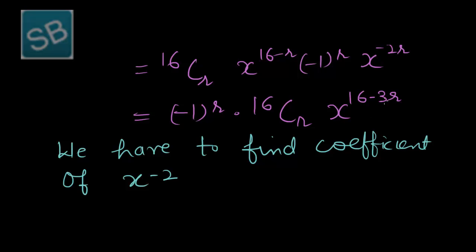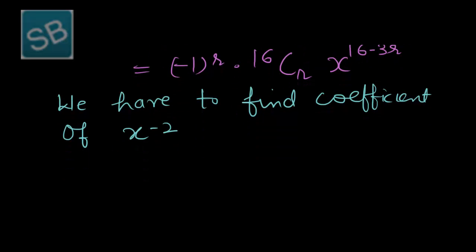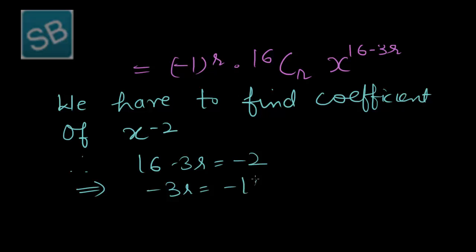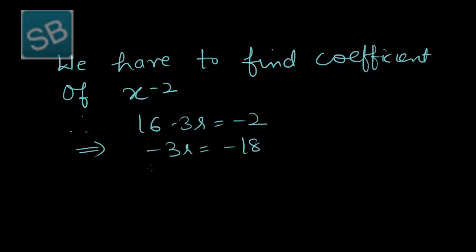That means it should be x raised to power minus 2. Then we will find the coefficient related to this. So we will substitute 16 minus 3r is equal to minus 2. So we get minus 3r is equal to minus 18. So we get r is equal to 6. So by substituting r is equal to 6 in number 1, we will get the coefficient of x raised to power minus 2.